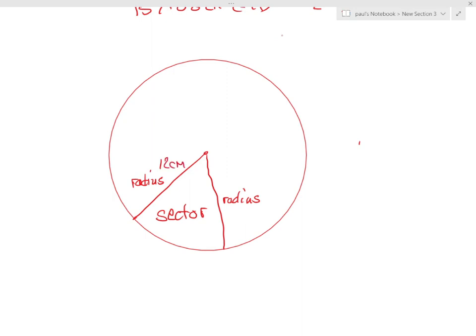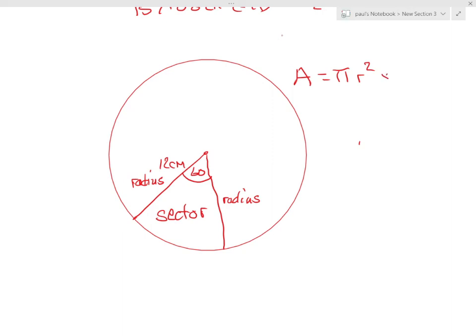So to find the area of a sector, we know the area of a whole circle is pi r squared. And it's not times a half or a quarter, we don't know. So we need something else in there. We need this angle to work out a fractional part of the whole area.